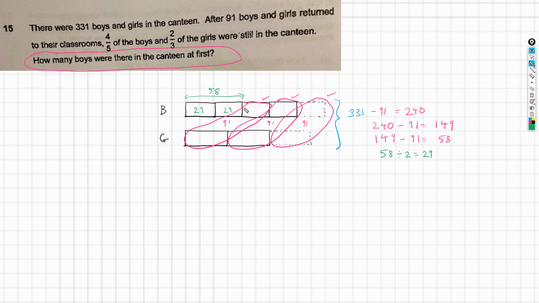So that's 29, 29, 29, 29. And I suppose I should have labelled this earlier, and I was not good, but I will address that here. So this is the boys at the start, or the boys at first I should have put, and then this is the girls at first.